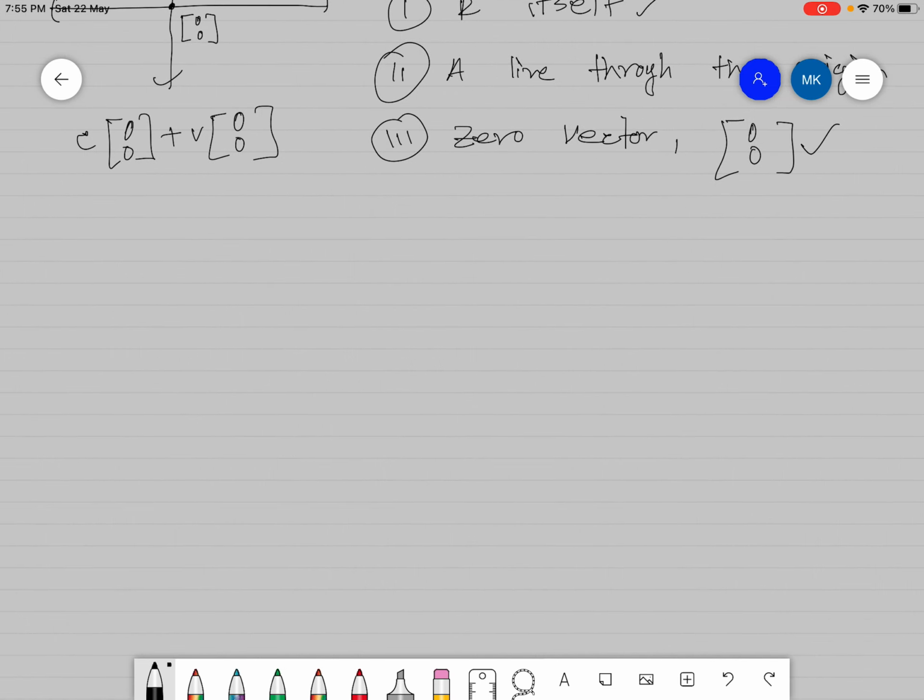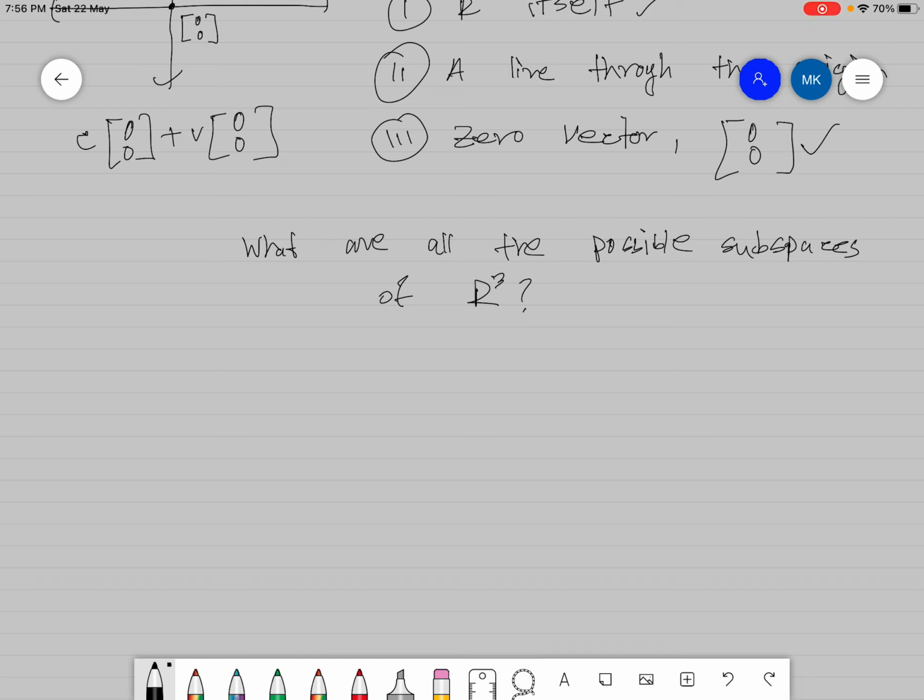So can you tell me what are all the possible subspaces of R3? I think you know the answer, so please do it in the assignment, but I'll give you a hint.